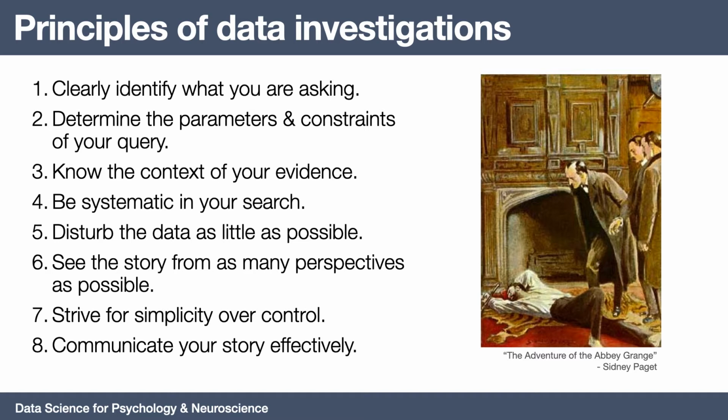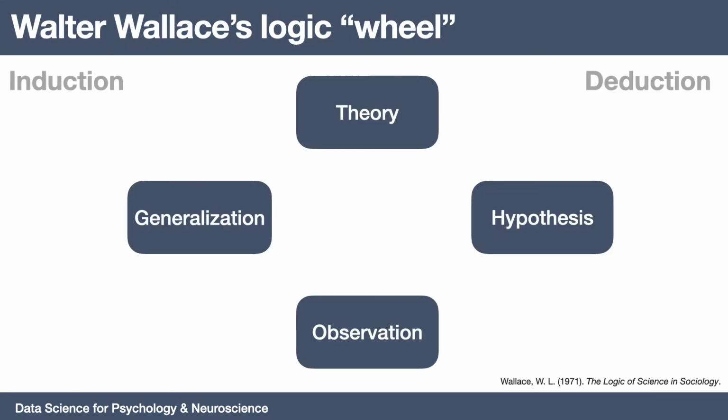Now, all 8 of these principles of data investigation work collectively together in the general inference of the scientific method. And often we talk about the logic of the scientific method by going over Walter Wallace's logic wheel. And this is a schema of processes that describe how the scientific approach should work in theory.